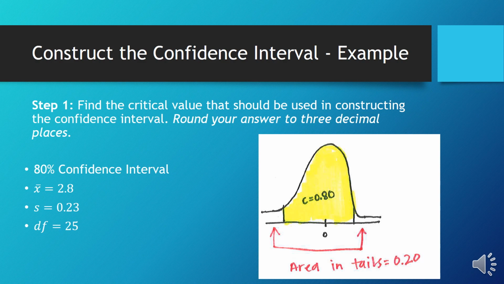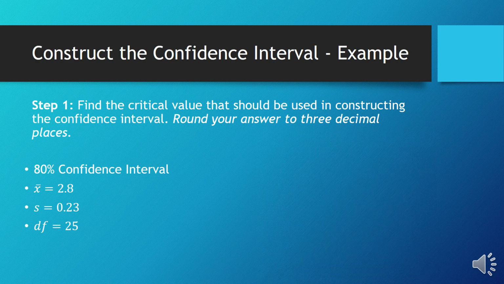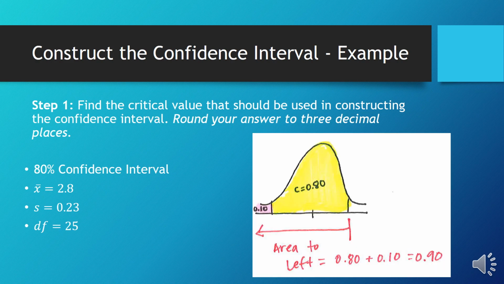So since the area in the two tails is 0.20, half is going to be in the left tail and half in the right tail. So the area in the left tail would be 0.10, and now we can find the area to the left of the t-value we're looking for. So the area to the left is going to be 0.80 plus 0.10, which is 0.90.